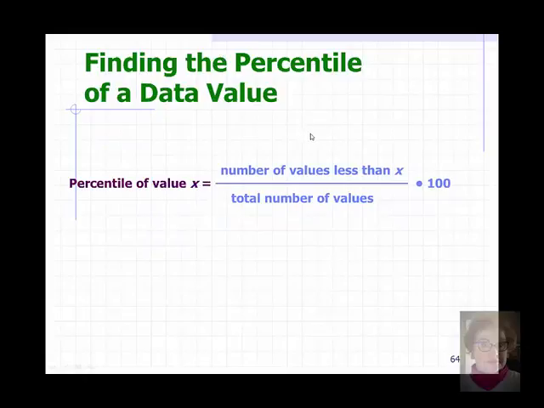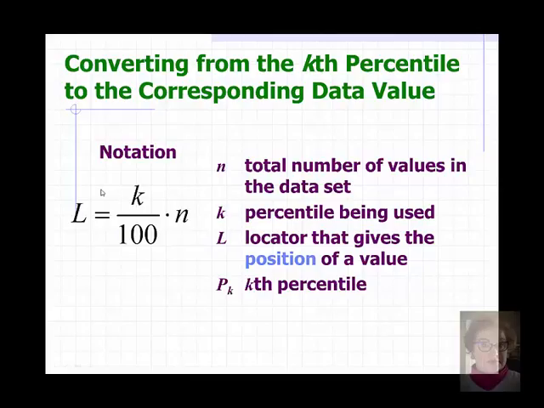How do I find the percentile of a data value? You put them in order, you count the number of values less than the score you're interested in, divided by the total number of values in the data set, times 100 to make it a percentage, and that gives you the percentile value. L, again in this case, is location. So if you want the location of a certain percentile, we use K to stand for that.